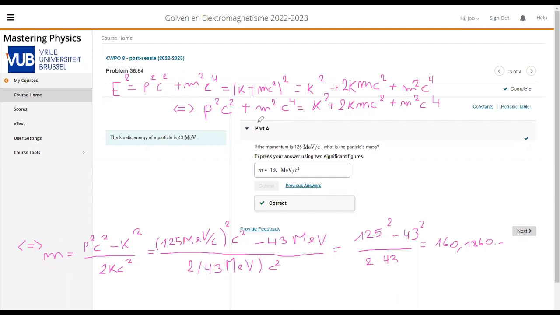So if you want to search for this mass, these two will be canceled and the only mass that you will find is this one. That's why I put this in this kind of formula.